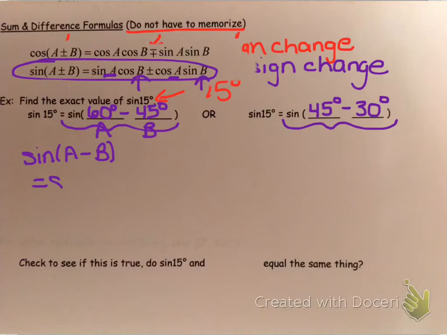So I would do sine of angle A, which was 60 degrees, cosine of angle B, which was the 45 degrees.